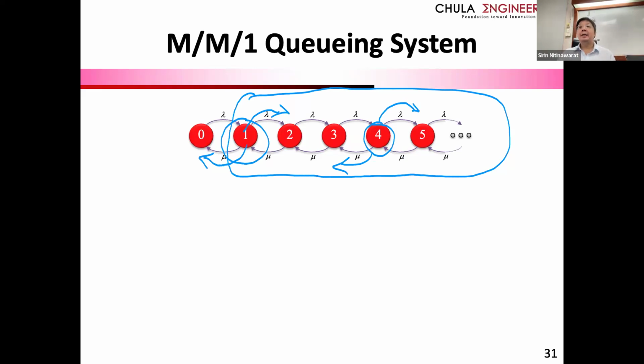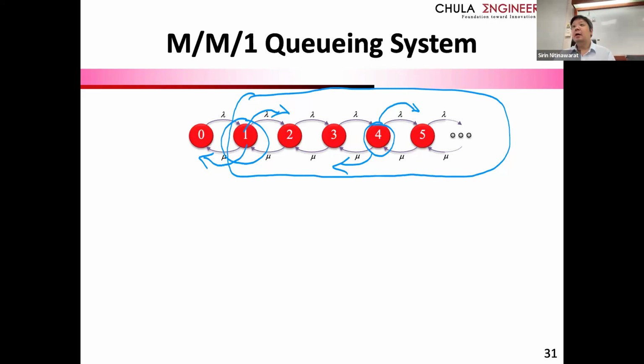And that makes sense, right? Because how can you go up? When there is a new arrival, that happens with rate lambda. How can you go down? When there's a departure, and that happens with rate mu, right? So you see this uniform behavior from state 1 on.